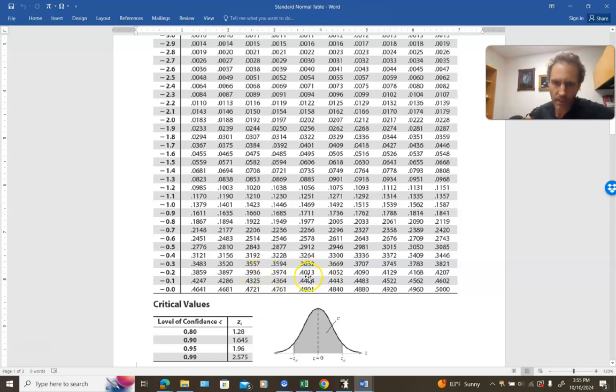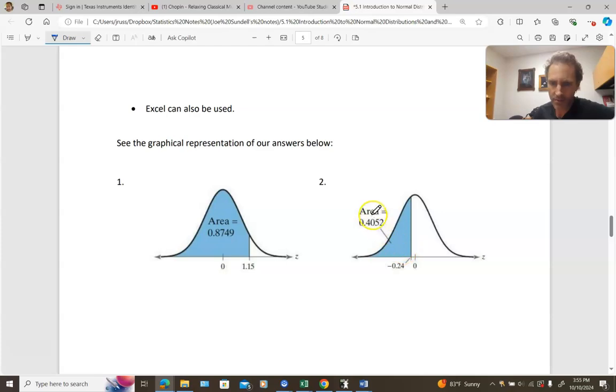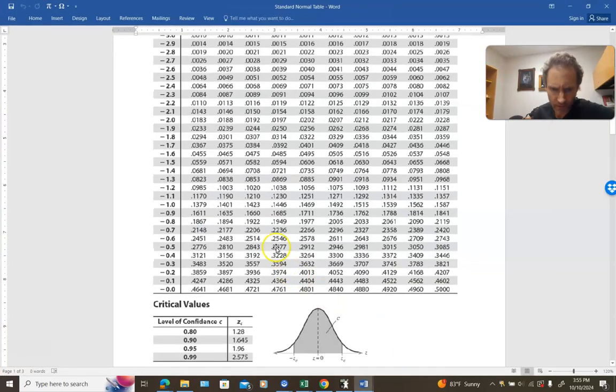So it's about 40.13% according to the table. And that's what we see here, 40 point. Well, there might have been some rounding involved there. Let me look back over here. Oh, here it is, 40.52.